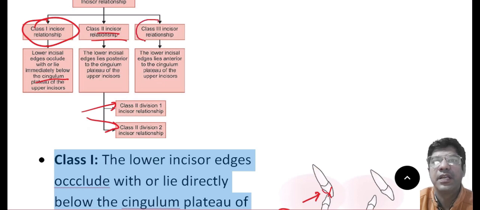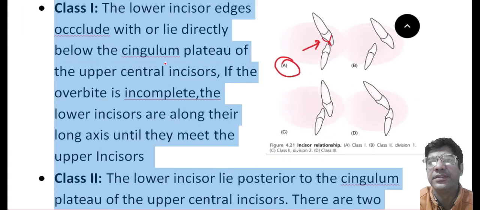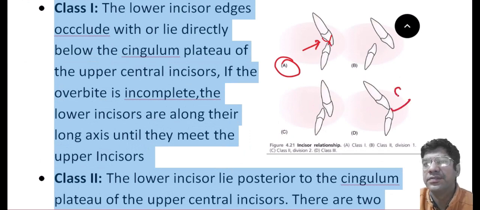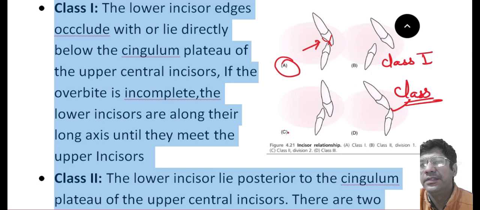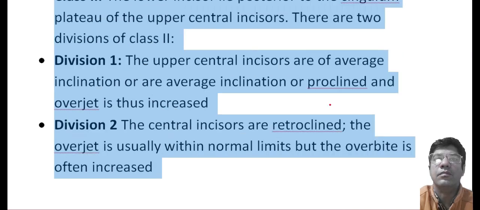And the other is the class 3 relationship. In class 3, the lower incisor edge will lie anterior to the cingulum plateau of the upper incisors. So this one is the class 3. This one is class 2 division 1, and this one is class 2 division 2.